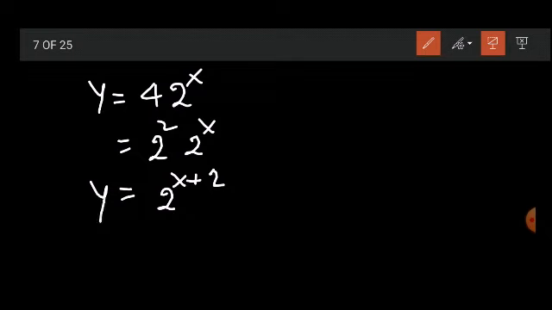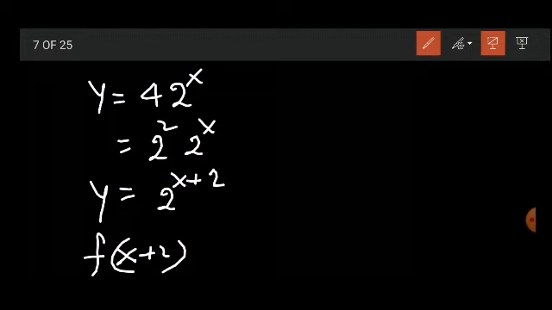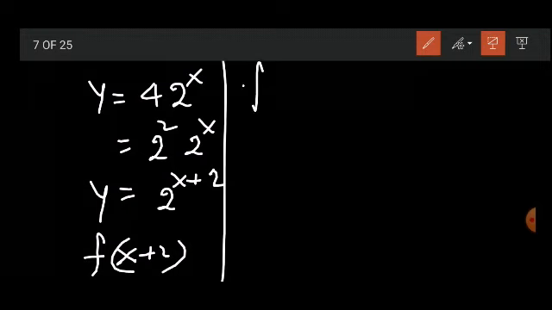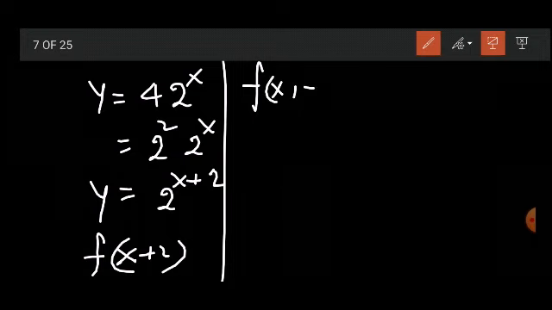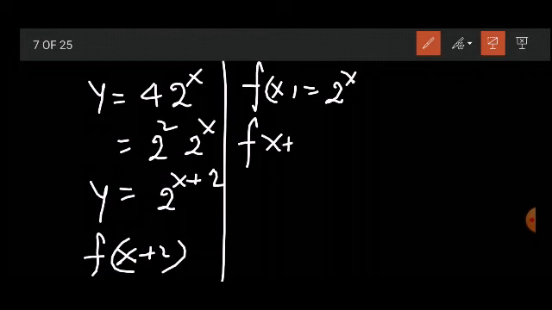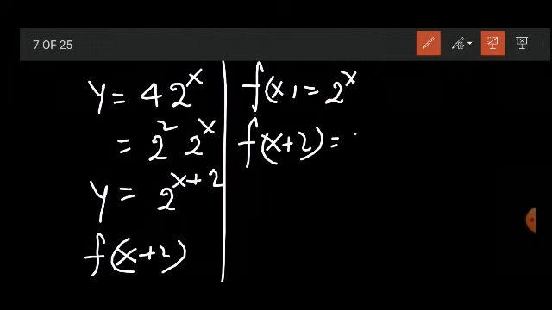So here, we have to consider the f of x plus 2 transformation. So f(x) is to be considered as 2 to the power x. If you consider f(x) as 2 to the power x, then for f of x plus 2, we have to go for 2 to the power x plus 2.